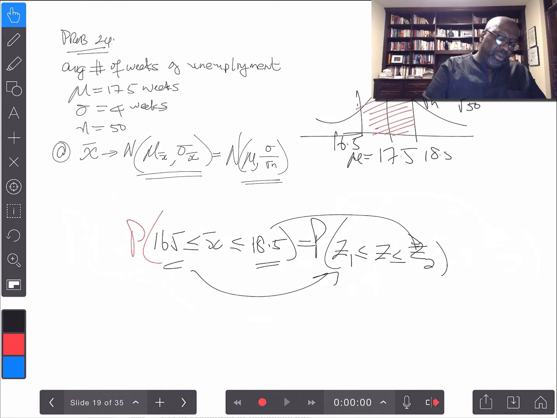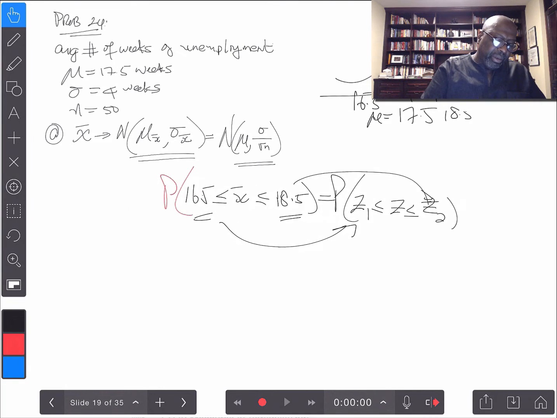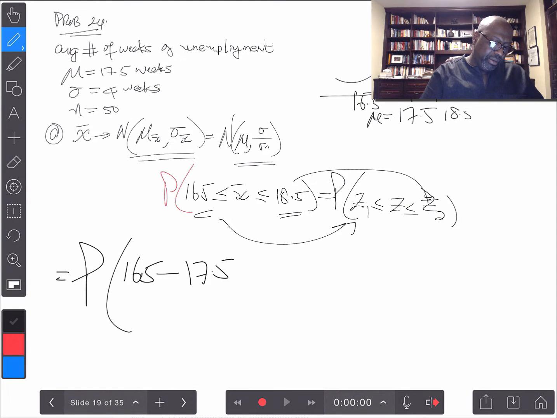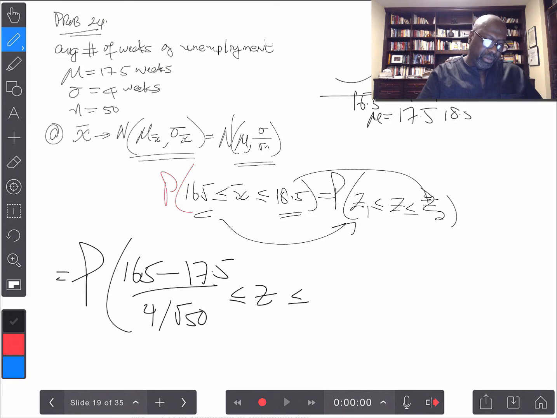So that is equivalent to the probability of Z between 16.5 minus 17.5 divided by 4 over root 50, and 18.5 minus 17.5 divided by 4 over the square root of 50.